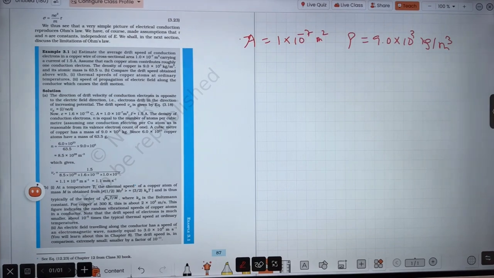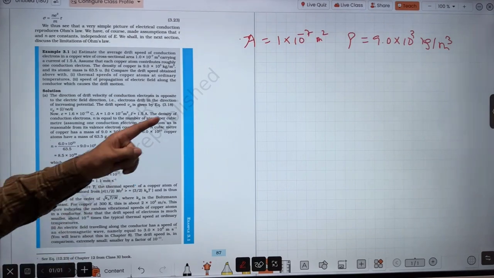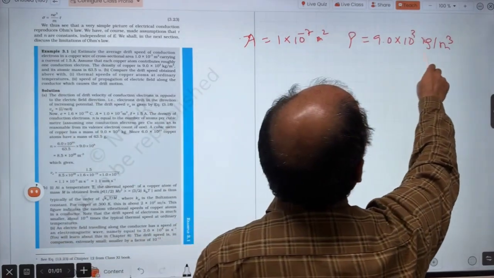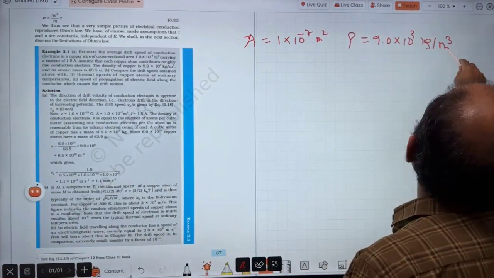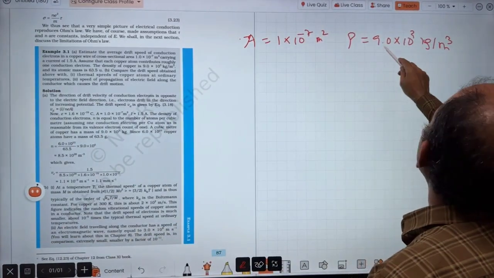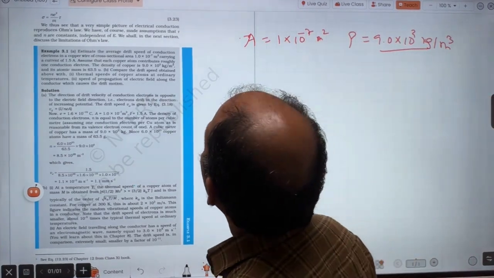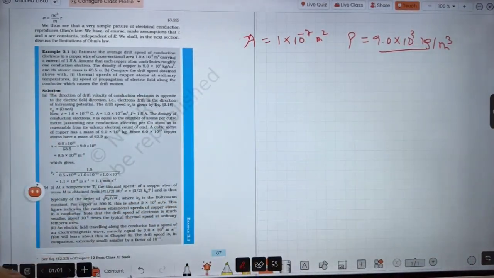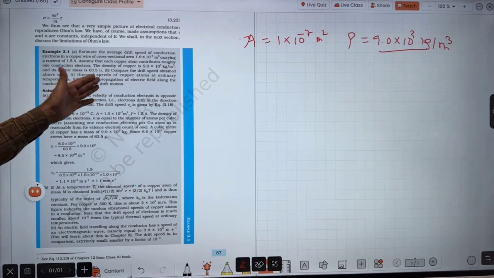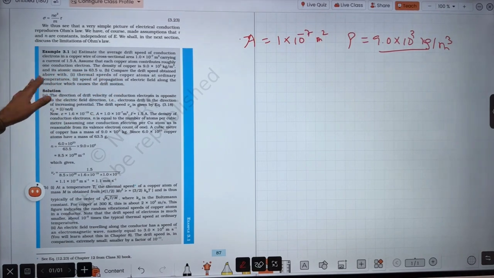So number density here means in 1 meter cube volume, this much mass of copper is there, and we are to consider 1 kg of copper.